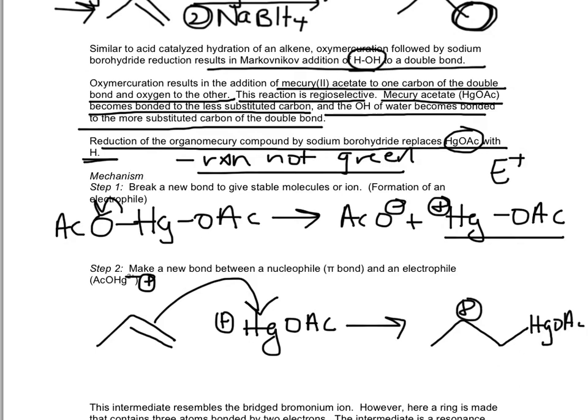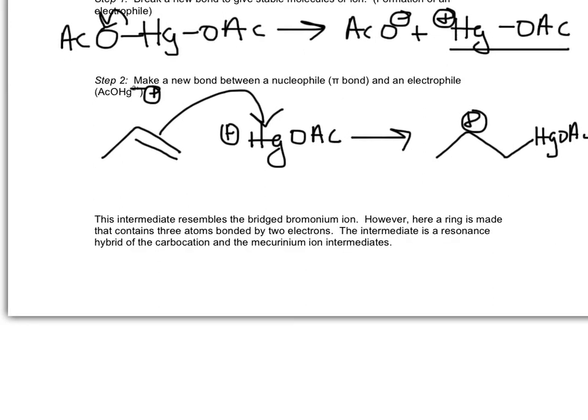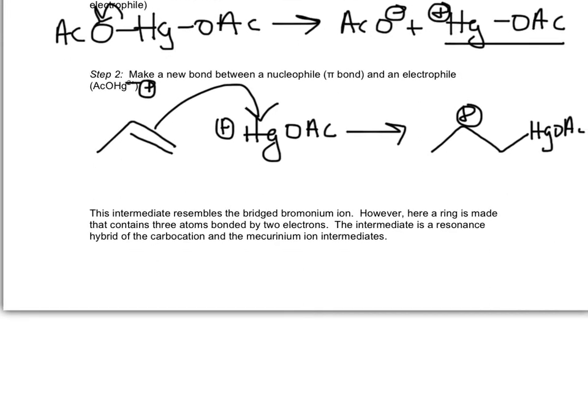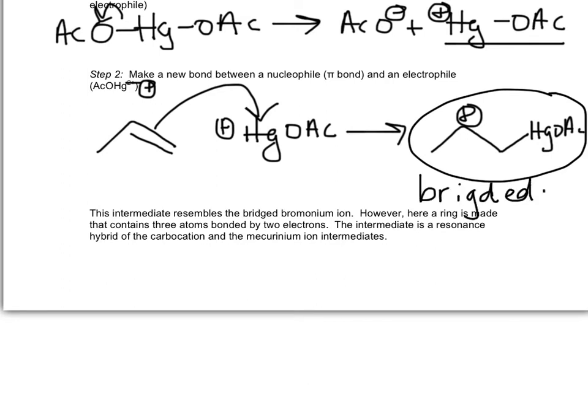What you can see is I put the positive charge on the more substituted carbon. Really, this intermediate is a bridged intermediate. I say here it resembles the bridged bromonium ion. We'll talk about that in later lectures.